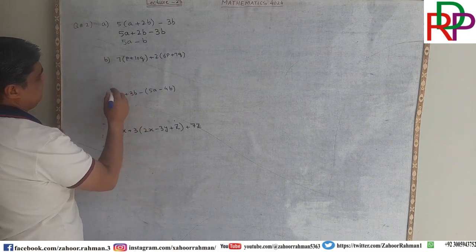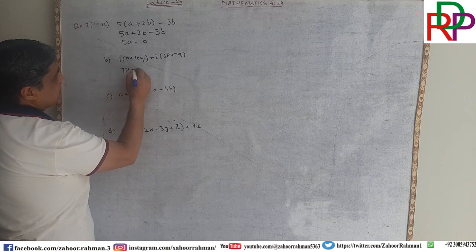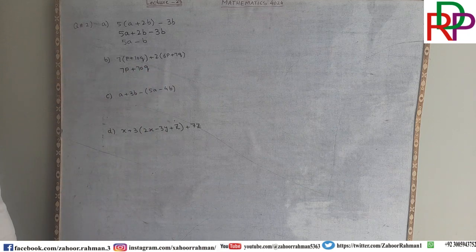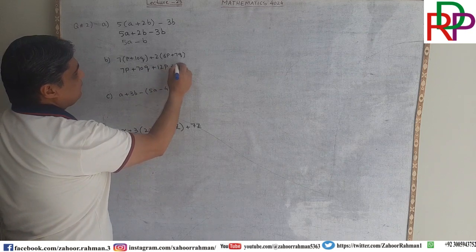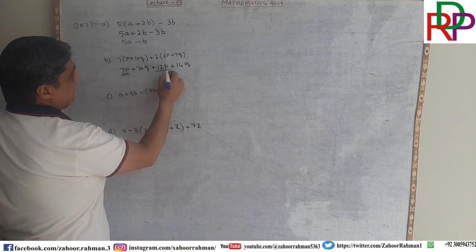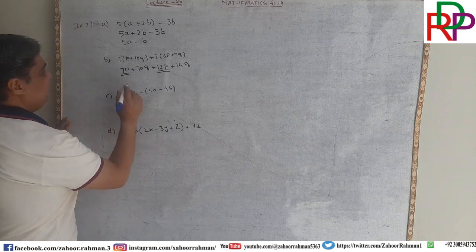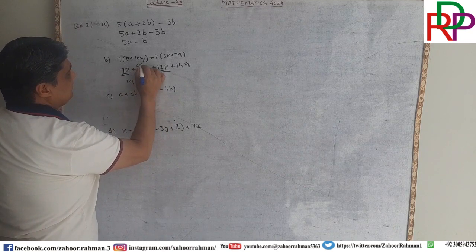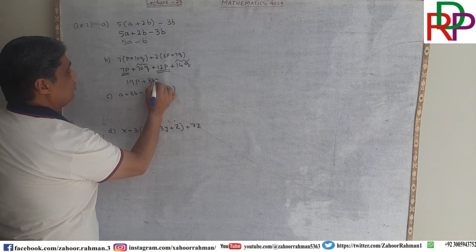In this case, if we are first expanding it, it will be equal to 70q plus 12p plus 14q. Now 7p and 12p will be added. You have to write it together and that will yield 19p, plus this one and this one will give you 84q.